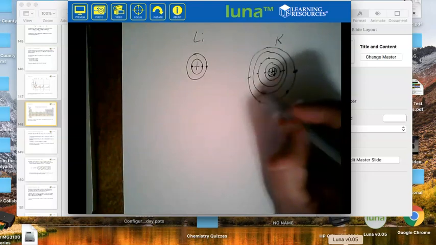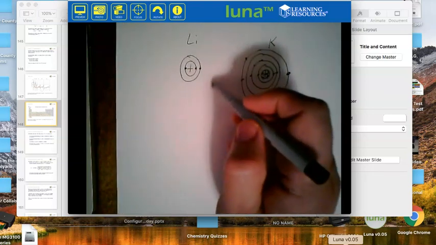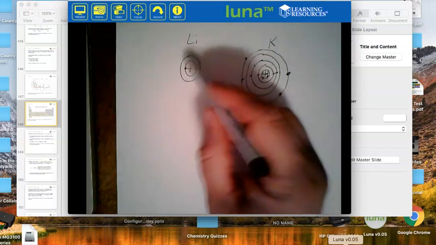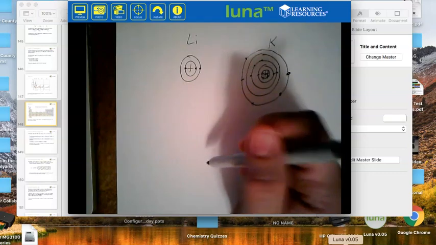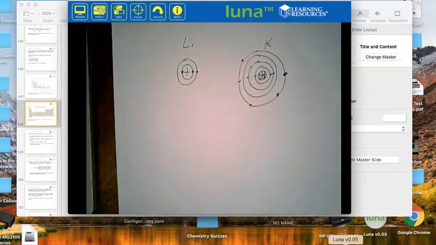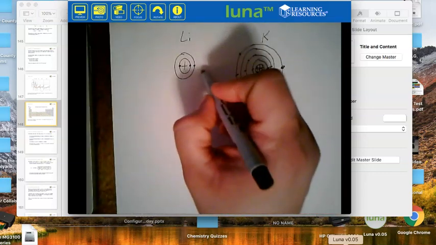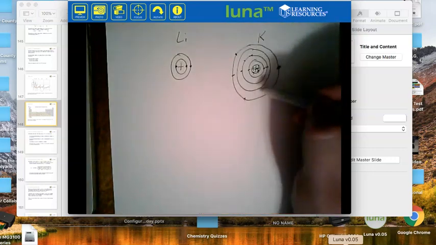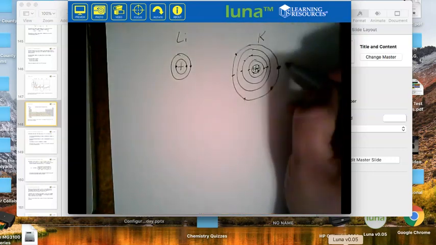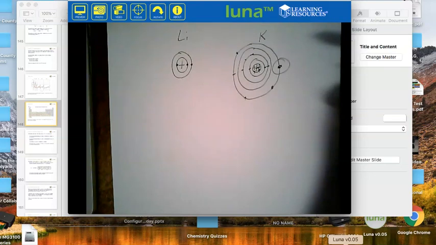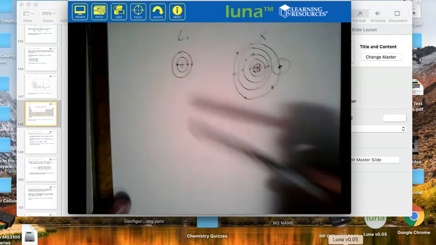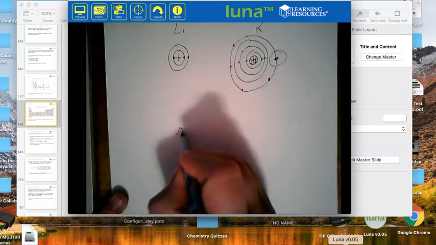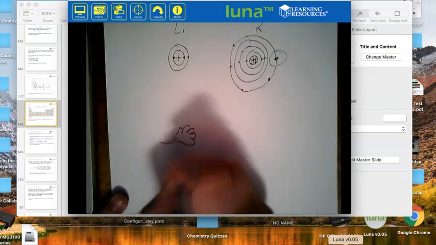Remember, the electrons being removed for ionization energy are the most loosely bound electrons, basically the available ones. They're going to be valence electrons, not core electrons. So what we're saying here is that it's easier to remove the electron from a large atom than from a small atom.